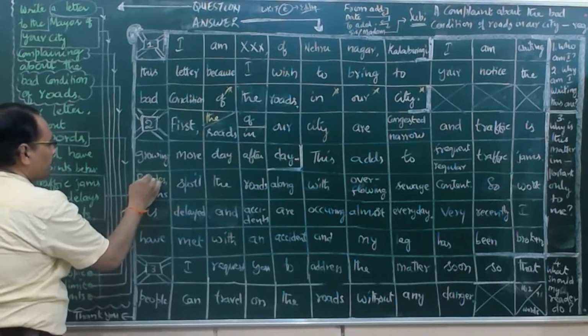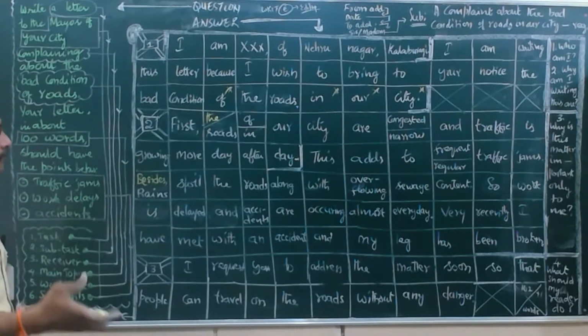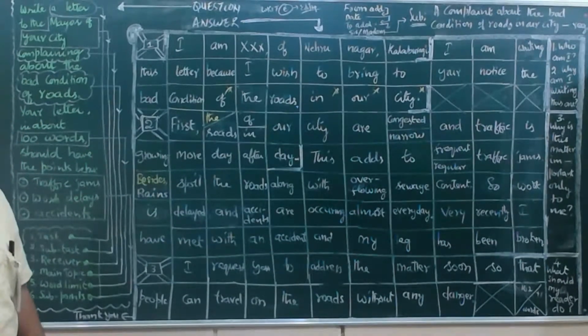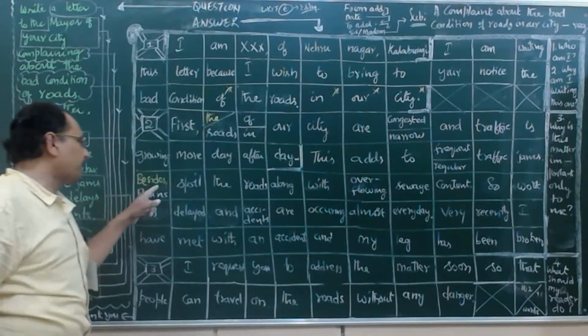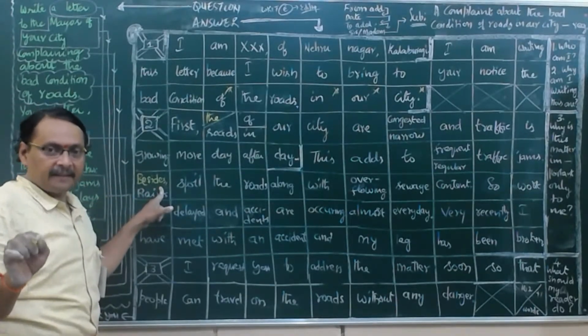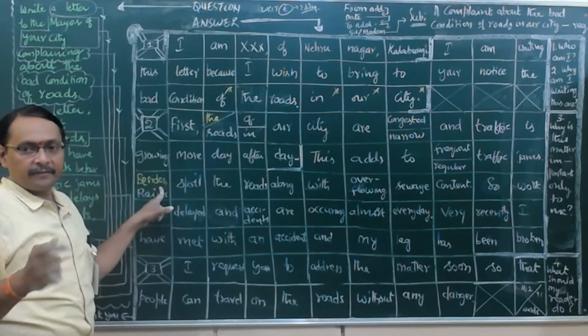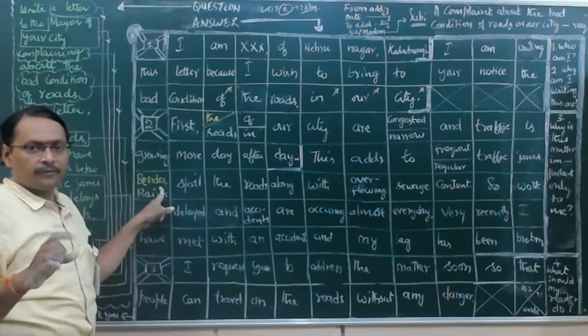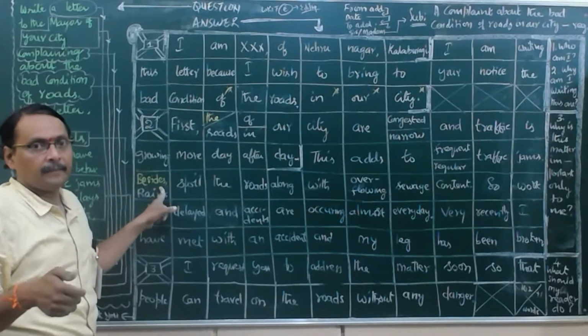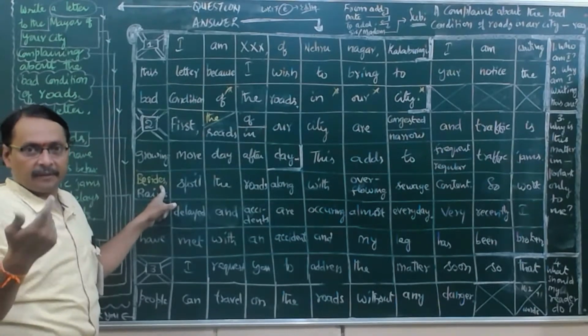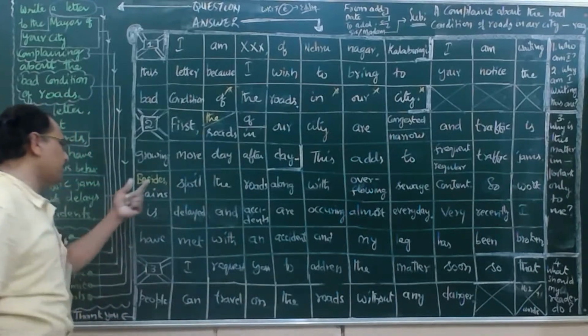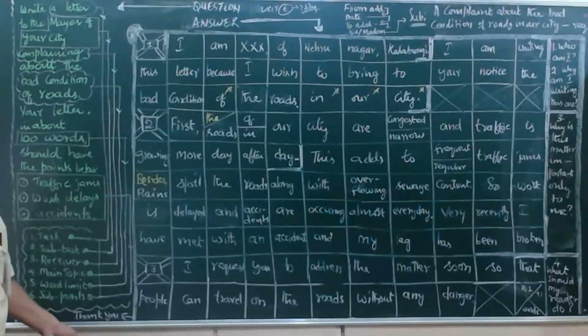My dear students, please notice the difference between beside and besides. Besides is what is called the linking device, the synonym for in addition. Besides means in addition, something that is added, extra. Besides.